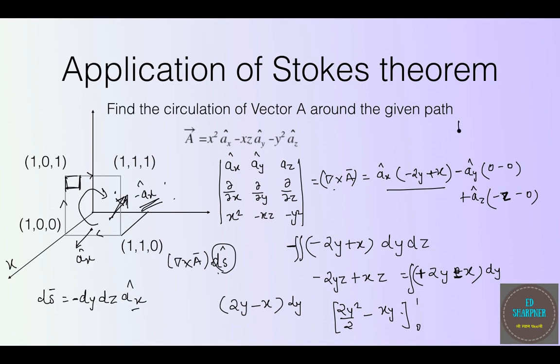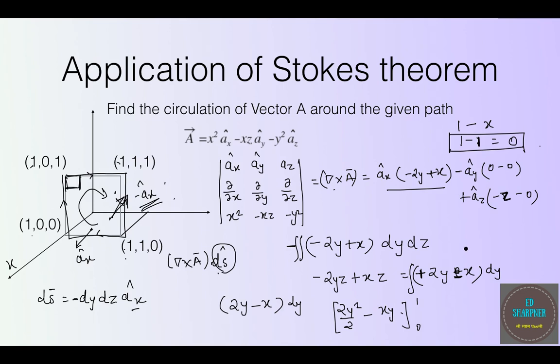So that is 1 minus x. Again, the x value for this particular area that we are considering is situated at x equal to 1. Every point is situated at x equal to 1, so x will be 1. So 1 minus x is nothing but 1 minus 1, which is 0 in this case.